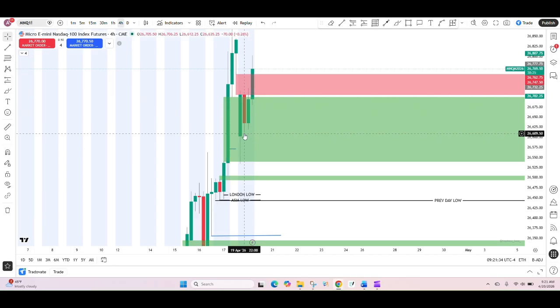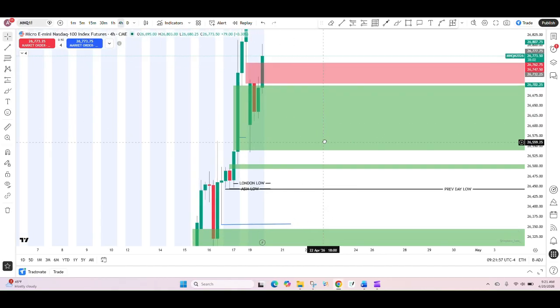The wick is in the fair value gap and the red candle goes through it, but the red candle does not close above it. No, I don't see any of those. Just looking now.